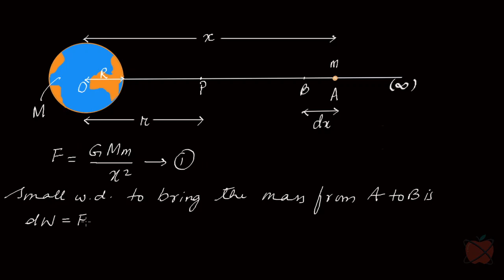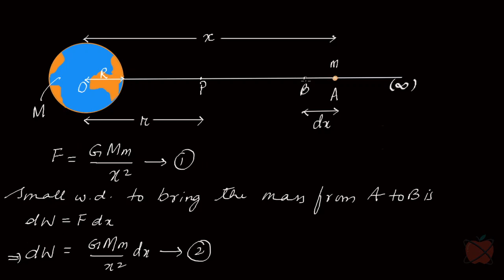This is F dx. Why dx? Because we are taking it from A to B and that small displacement is dx. So put the value of F from there: G M m by x square dx. So that is equation 2. So what is this dW? It is just the work done to take the body from A to B.